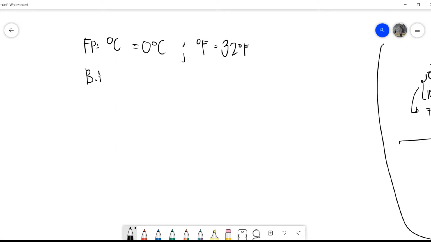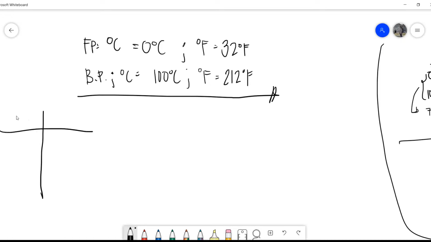The boiling point of water is 100 degrees centigrade, and in Fahrenheit it is 212. Let's make a table. This is degrees Celsius and this is degrees Fahrenheit. We have the freezing point of 0 and the boiling point of 100 degrees, and on the other side, the freezing point of 32 degrees Fahrenheit and the boiling point of 212 degrees Fahrenheit.